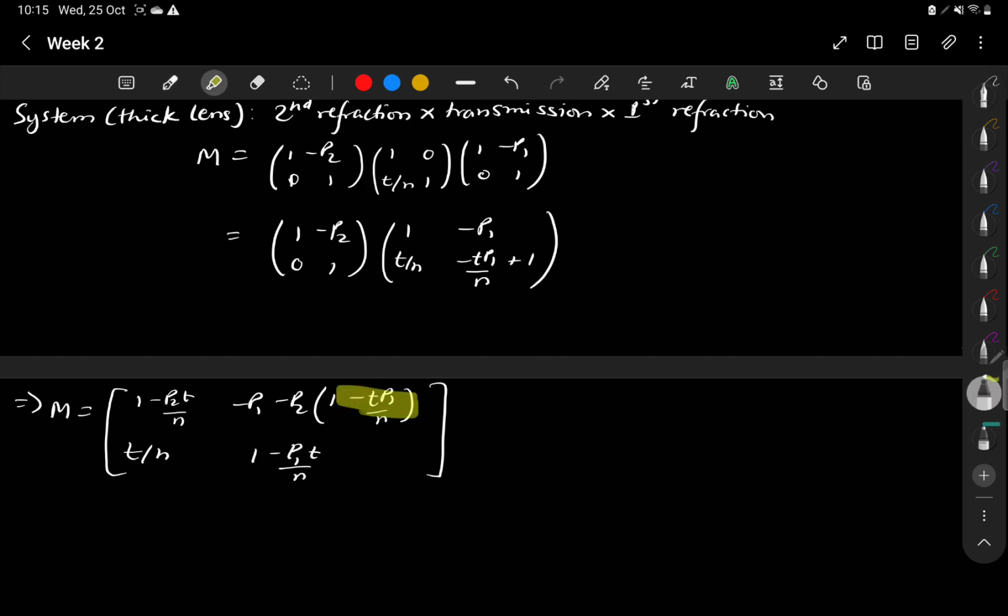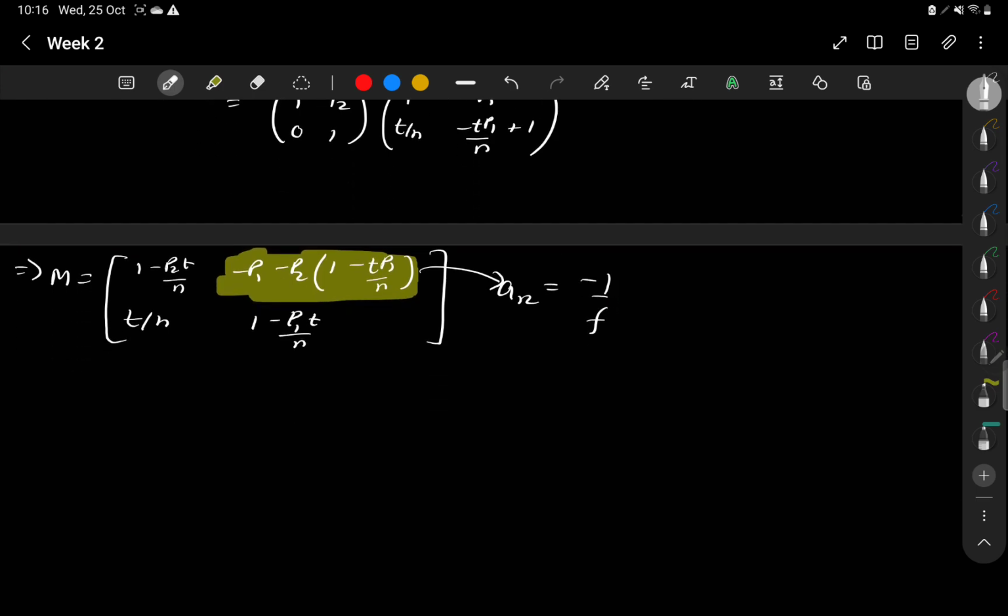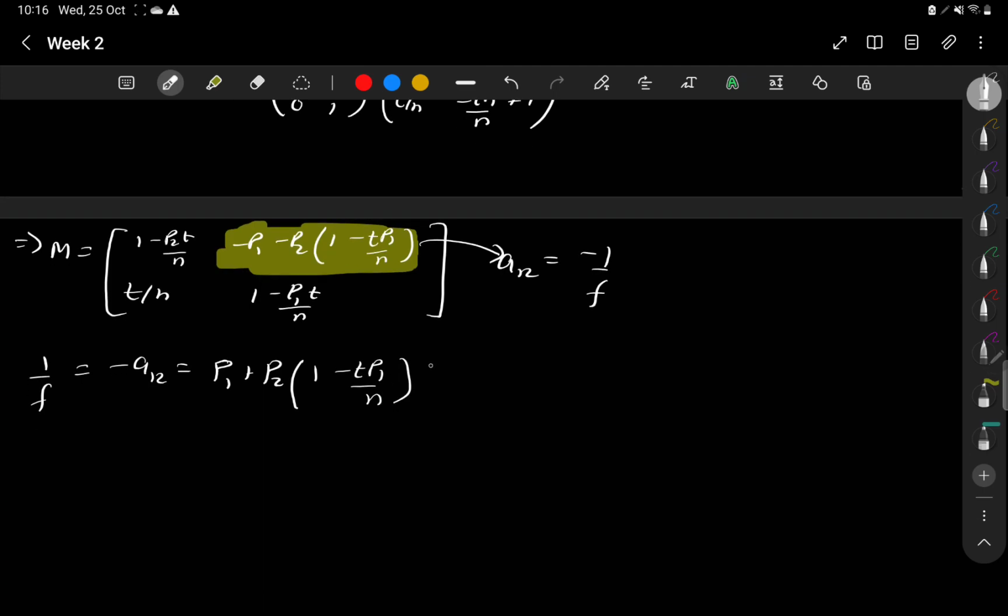and we know that this A12 term gives the focal length. So we have 1 over F equals minus A12, which is P1 plus P2, 1 minus T P1 over N. Let us plug in the values for P1 and P2.